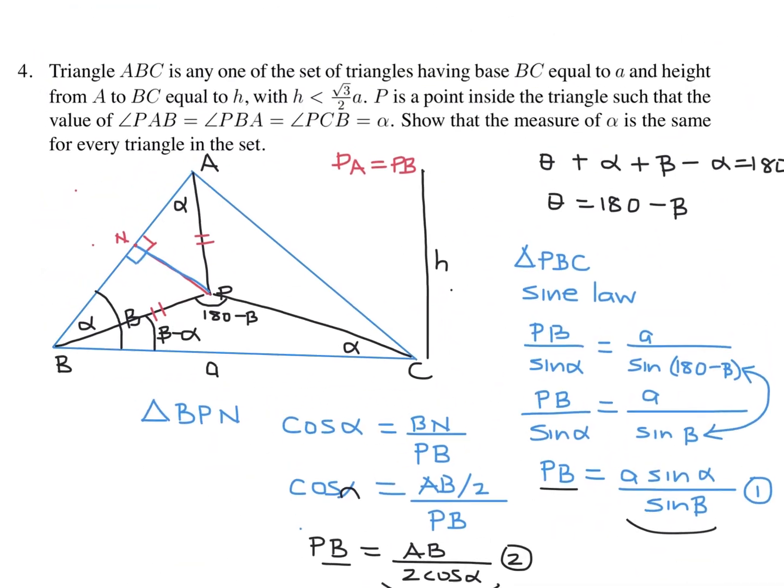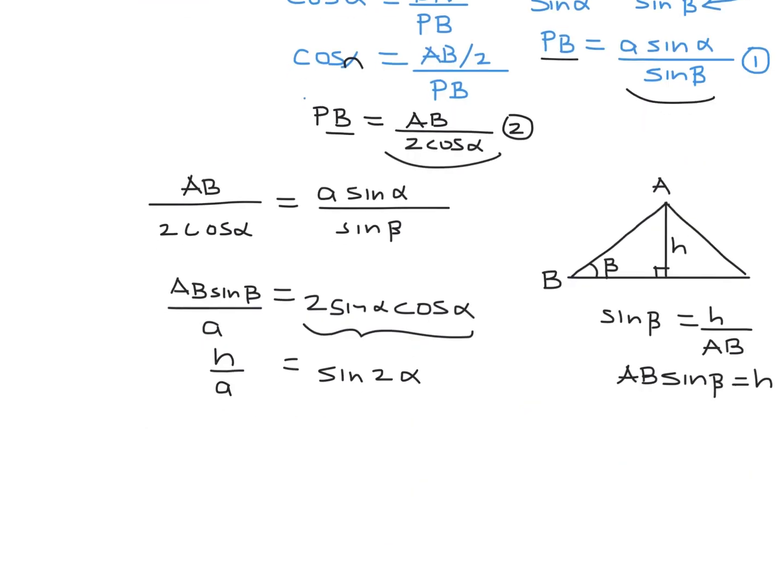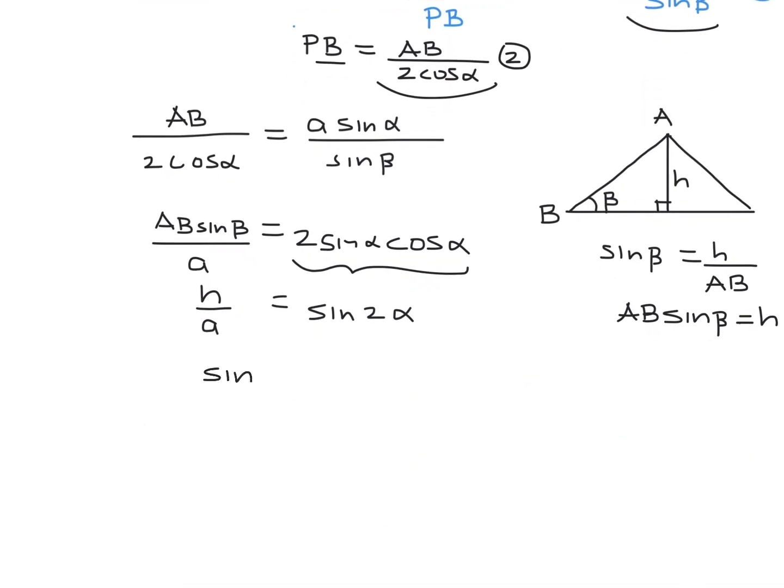But they gave us in the question that h is less than root 3 over 2 times A. So if the sine of 2 alpha is equal to h over A, and h is less than root 3 over 2a, according to the question, then that means that the sine of 2 alpha is going to be less than root 3 over 2a.